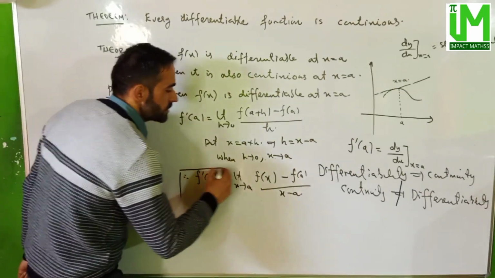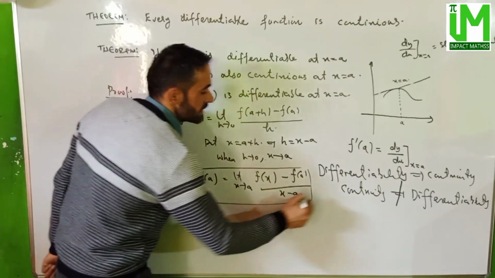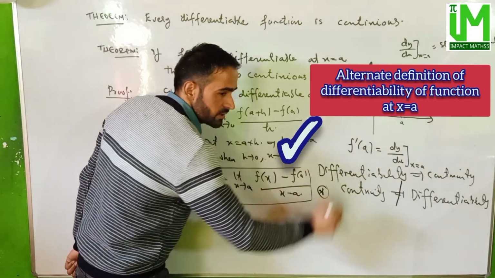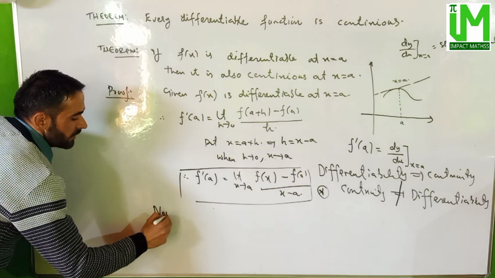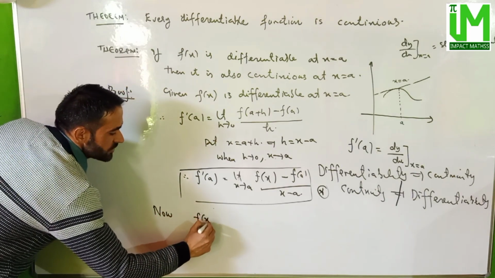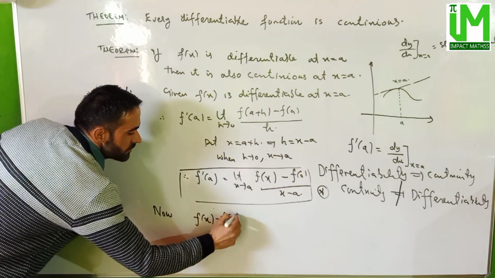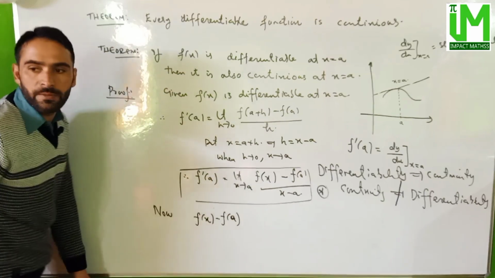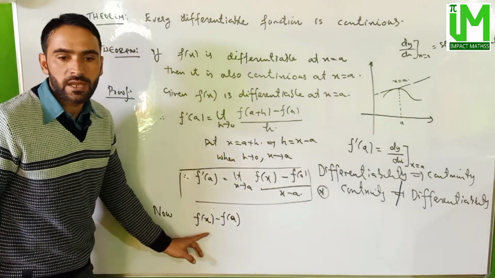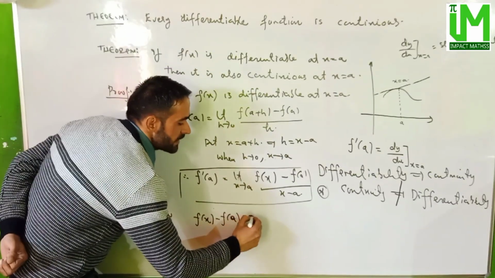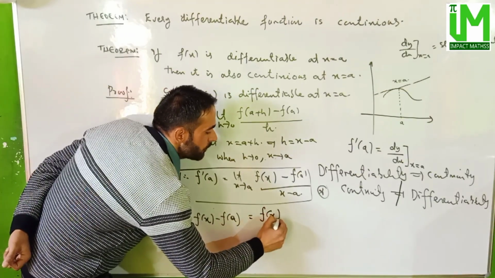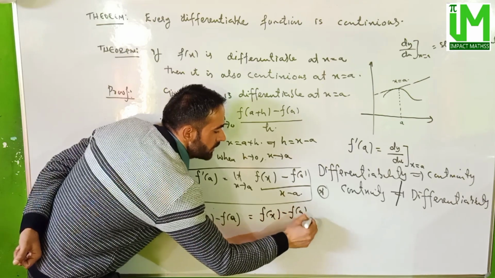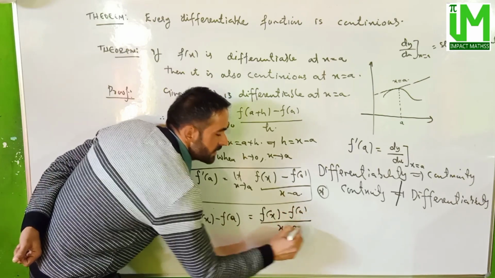If we name this equation as equation star, now let us compute f of x minus f of a. Can we write f of x minus f of a as f of x minus f of a divided by x minus a?